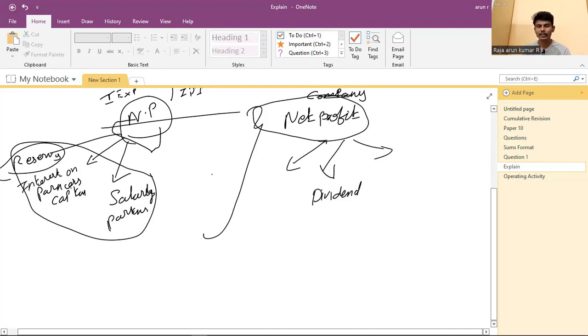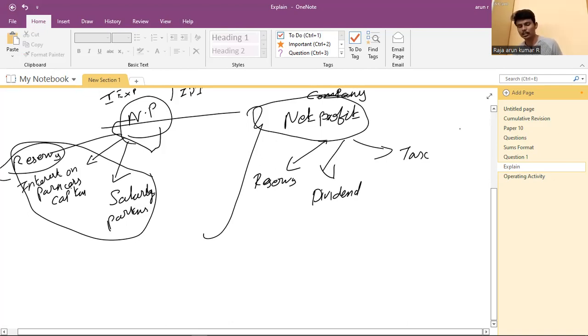Dividend is repayment of profit to the shareholders, and they also keep some reserves. Then they take some taxes, provision for taxation, from the profit only.